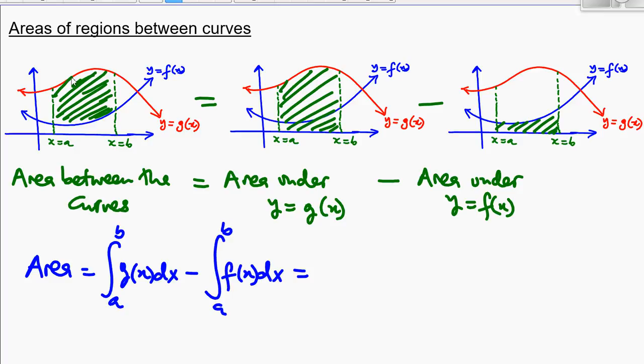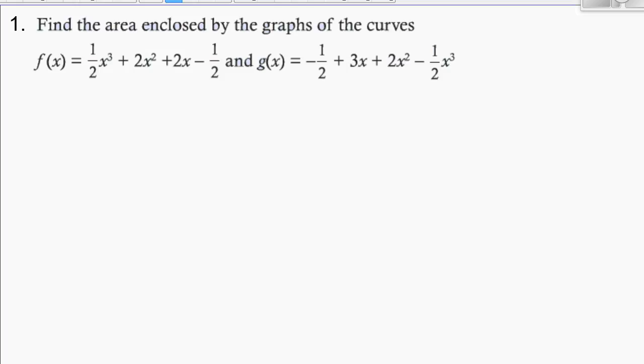We can write this as a single expression: the integral from a to b of g of x minus f of x, with respect to x. Okay, so that's how you find the area between two curves. I'll explain this using an example.